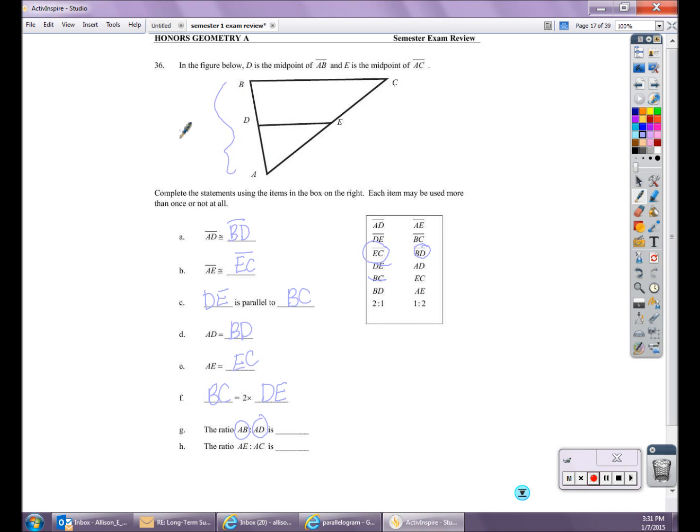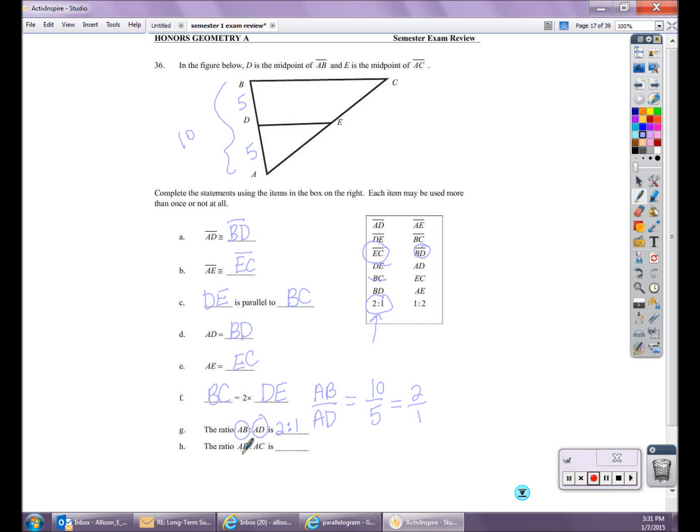If this whole thing is 10, then I know the halves are 5. So AB to AD, AB would be the 10 and AD would be the 5. So 10 to 5 is the same as a 2 to 1 ratio, which is here. So that's how I knew it was 2 to 1 and not this 1 to 2.